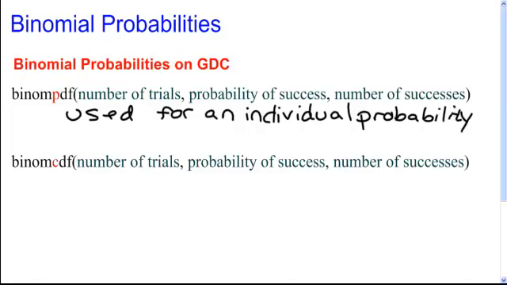For instance, I want to find the probability of hitting the target 6 times if I shot at it 105. Something like that. That's what a binomial PDF finds. It finds one specific probability. Versus the binomial CDF is for cumulative probabilities.